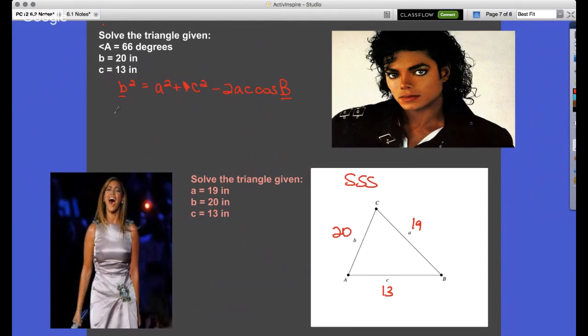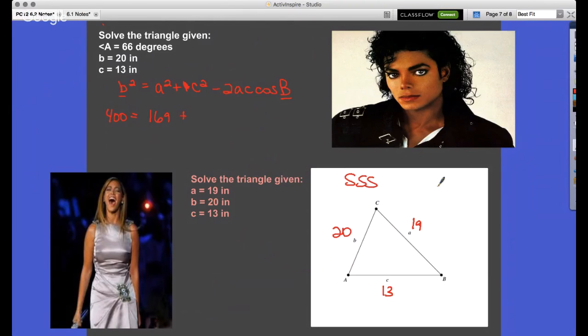B is 20 squared, which is 400, equals A squared, 13 squared, which is 169, plus C squared, 19 squared, which is 361.